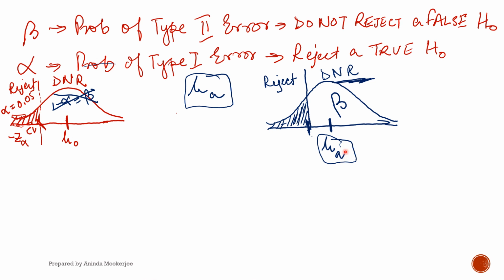In the next few slides, we will learn what steps to follow one by one in order to redraw this figure, where the new reject region will be and what the new critical value will be, based on this alternate mean. And from there, we will learn how to calculate our beta.